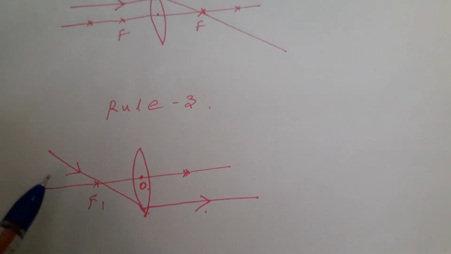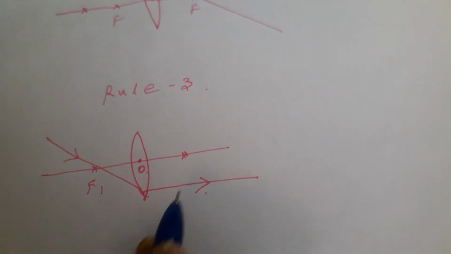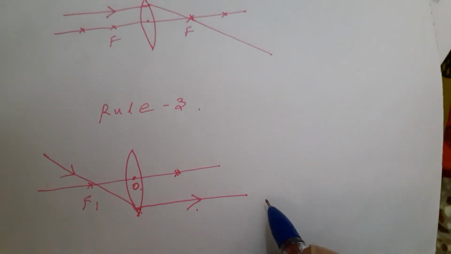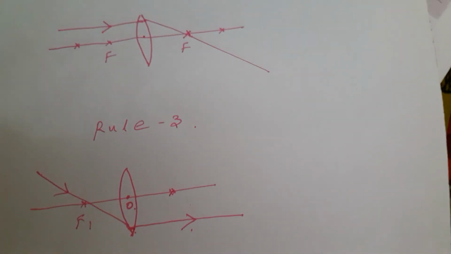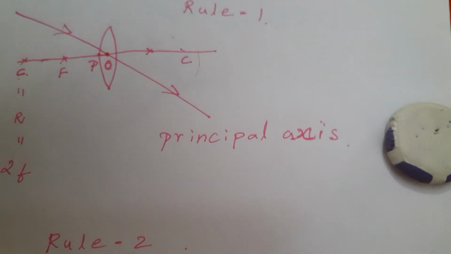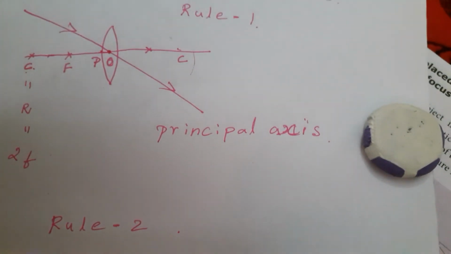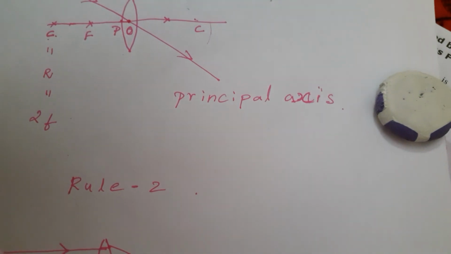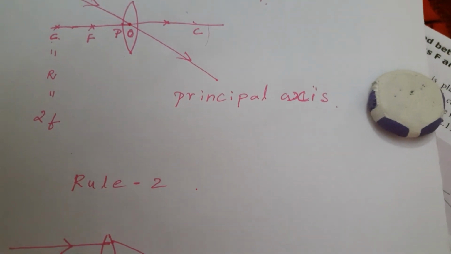Rule 3: when a ray is passing through the focal point, after refraction through a lens, it will be parallel to the principal axis. These are the 3 rules of images formed due to refraction through a convex lens.